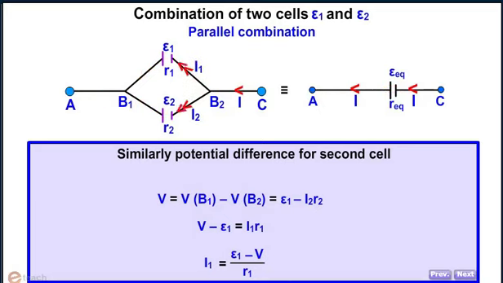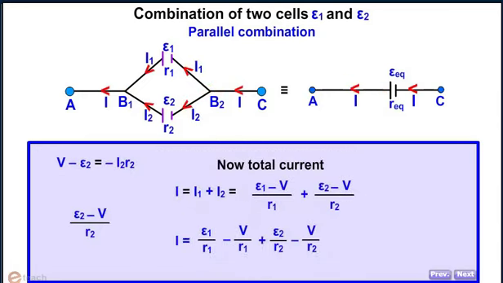V minus epsilon 1 equals minus I1 R1, so I1 equals epsilon 1 minus V upon R1. V minus epsilon 2 equals minus I2 R2.